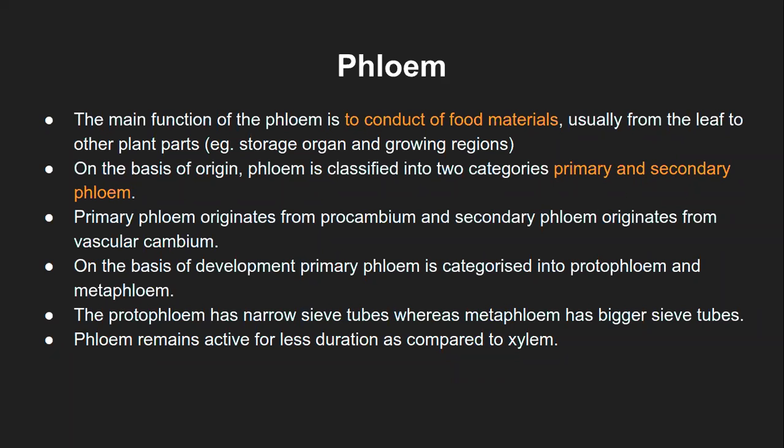Not only does it go to the roots part, but on the way, the phloem will also distribute to those parts through which it is being transported. So that is the obvious reason why it happens that way.